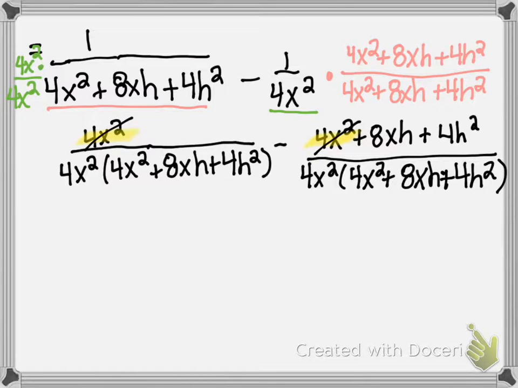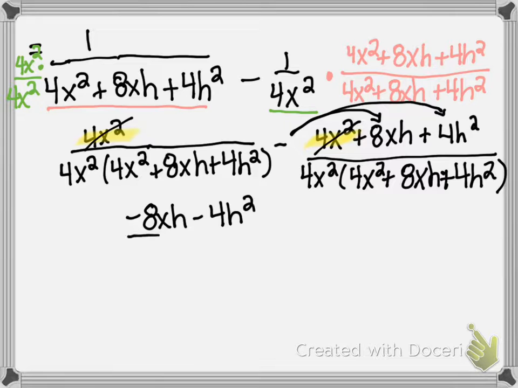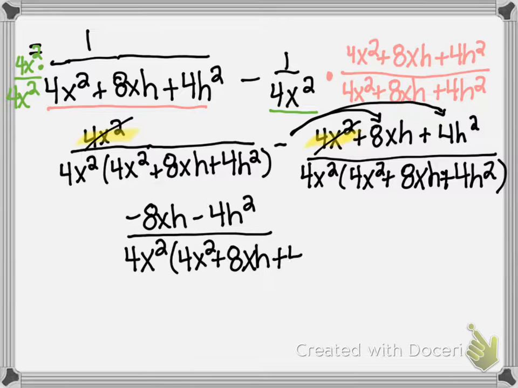Now, this minus has to be applied to negative 8xh and 4h squared. So I have negative 8xh minus 4h squared, and that's all over 4x squared times 4x squared plus 8xh plus 4h squared.